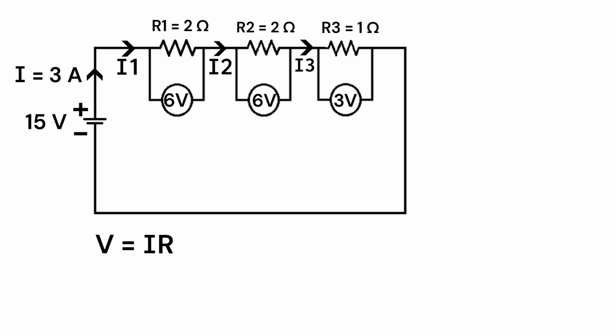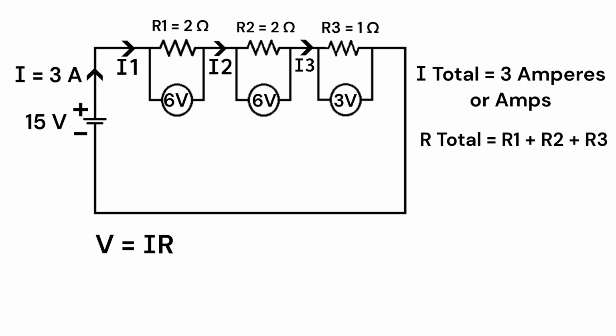So V is equal to IR. Since current is equal everywhere in the circuit, we already have the value of overall or total current, which is 3 amperes or amps. And to get total resistance, we need to sum up all the individual resistances. So R total is equal to R1 plus R2 plus R3, which is 2 plus 2 plus 1.